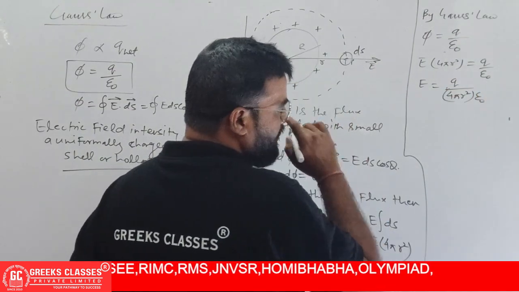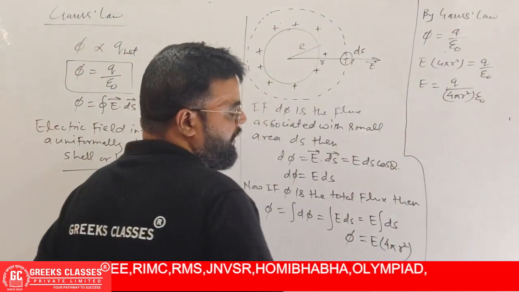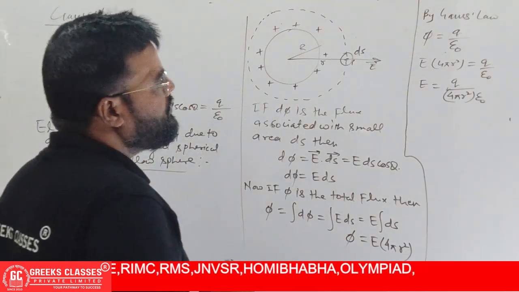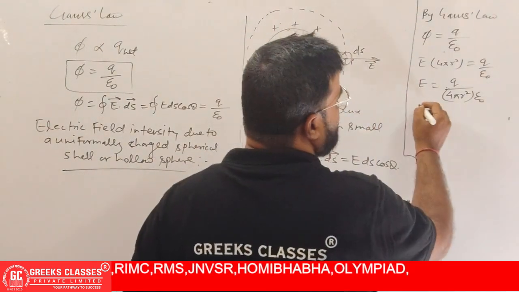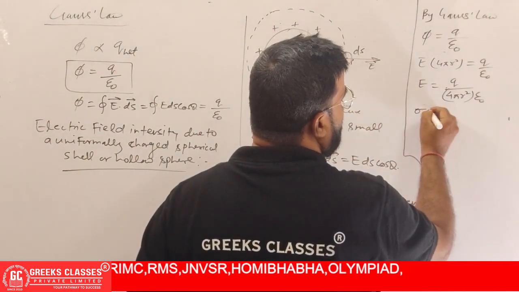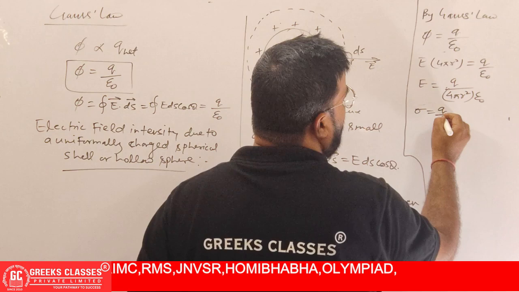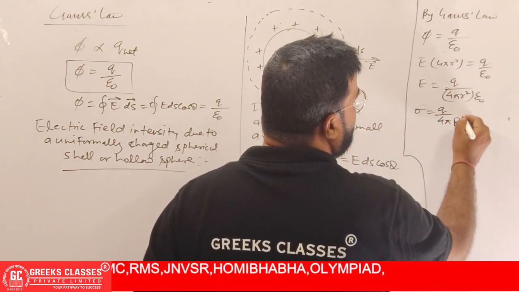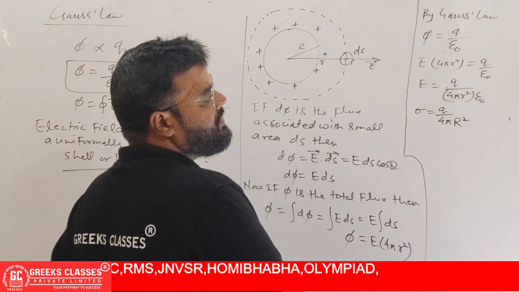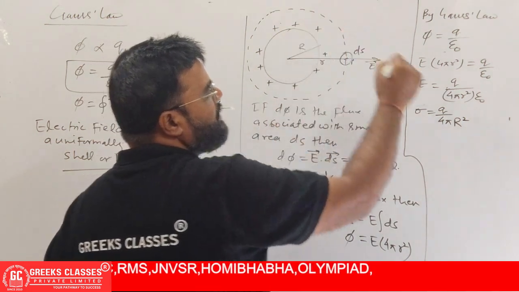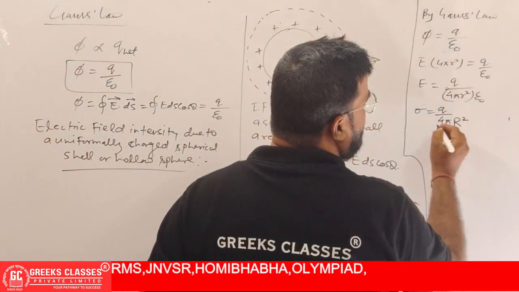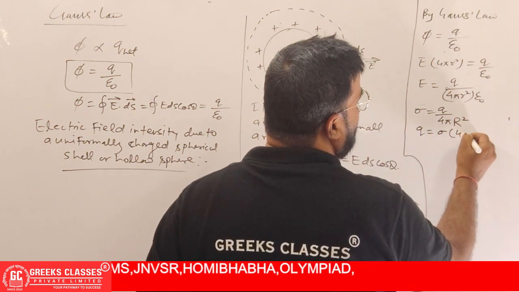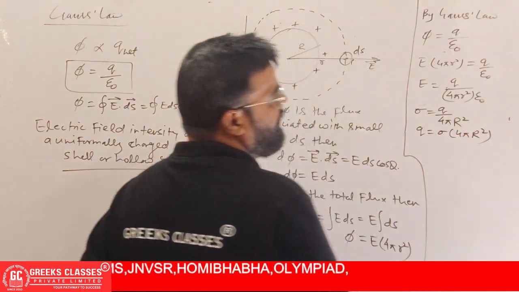Now see here, if sigma is the surface charge density, so what is sigma? Sigma is equal to Q upon A, or you can write Q upon area, so 4 pi R square, the area of this sphere. So Q equal to sigma into 4 pi capital R square.